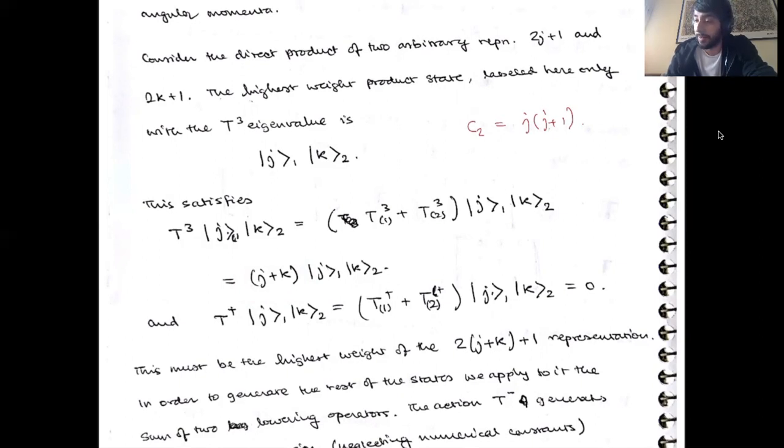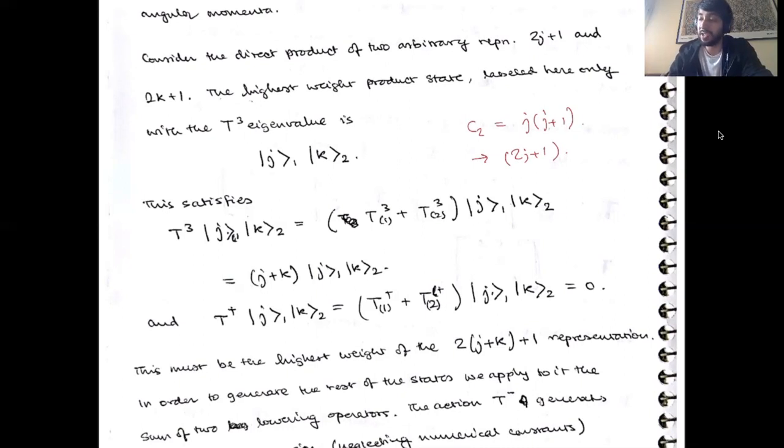And we saw that it was a 2J plus 1 dimensional representation, because those were the number of states from the highest weight to the lowest weight: 2J plus 1 states.